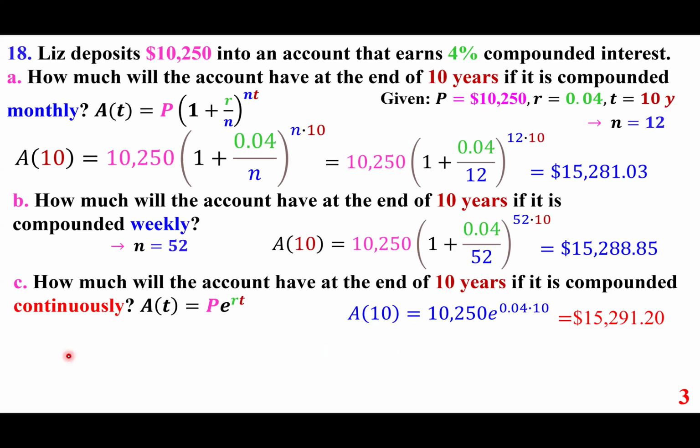So let me erase my work. And so when it comes to compounding, continuous compounding and so forth, or not necessarily continuous compounding, we can discuss doubling time. Doubling time, by definition, means how long it takes for whatever you have, in this case the principal of $10,250, to double up.